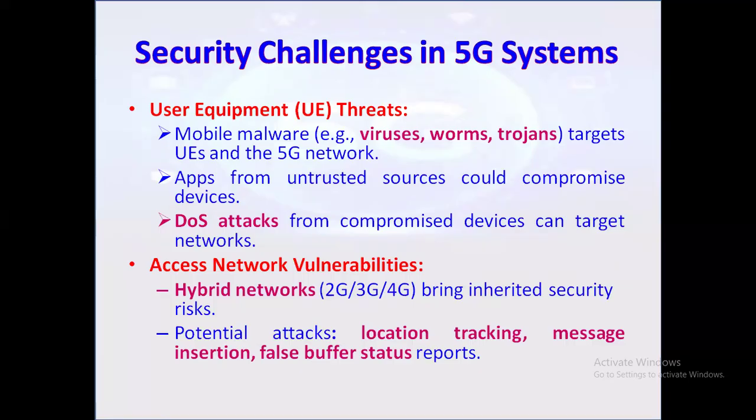Meanwhile, access network vulnerabilities are an ongoing concern as hybrid 2G, 3G, 4G networks introduce legacy security issues. This can lead to attacks like location tracking, message interception, and unauthorized buffer status reporting, which could compromise user privacy and network performance.